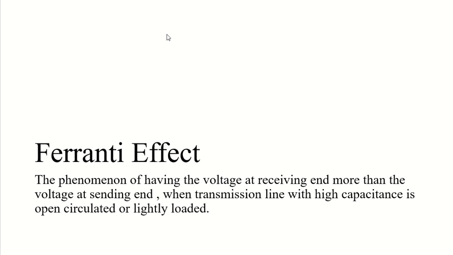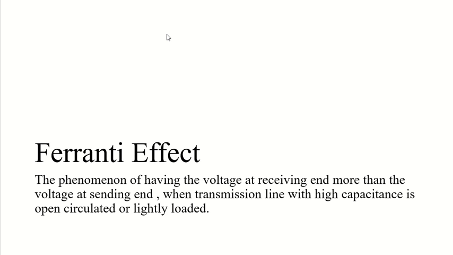So in normal conditions, the sending end voltage is always greater than the receiving end voltage, because there will be some losses in between, right? There will be line loss, copper loss, and all other losses, right? But in such a phenomenon, the receiving end voltage increases.